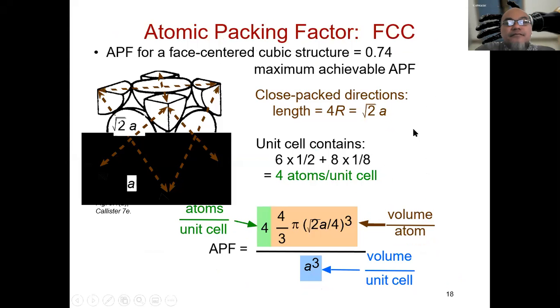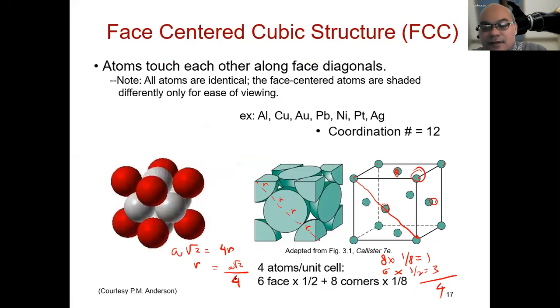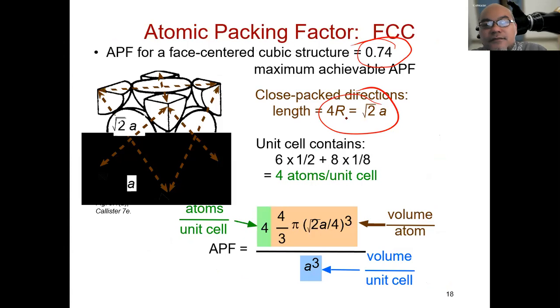Then the atomic packing factor is 0.74. Where does it come from? We have calculated this earlier: R equals a square root 2 divided by 4. If we put it into the formula of APF, the atomic packing factor, the volume of the atoms per unit cell equals the number of atoms in that unit cell, which is 4, times the volume of each atom, which is 4 over 3 pi times (square root of 2 times a over 4) cubed, divided by a cubed.